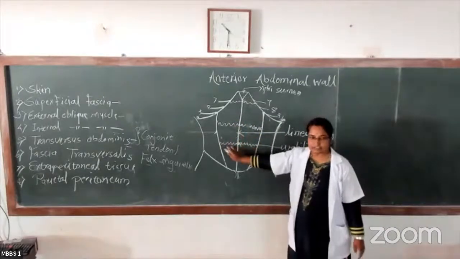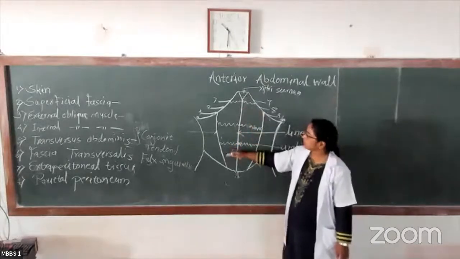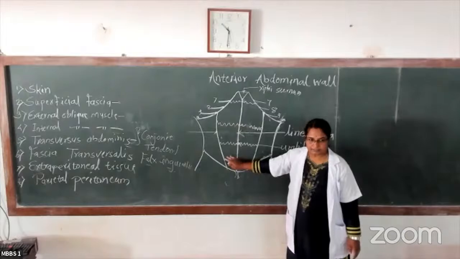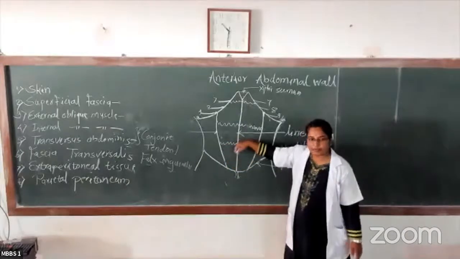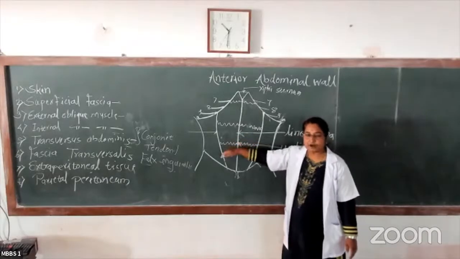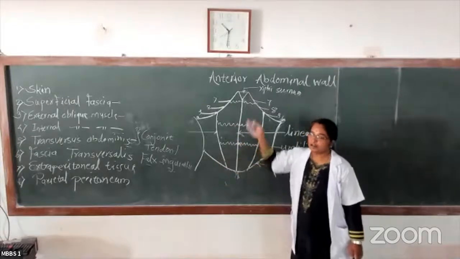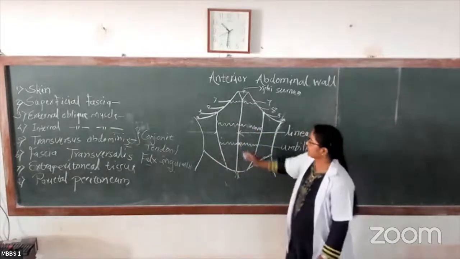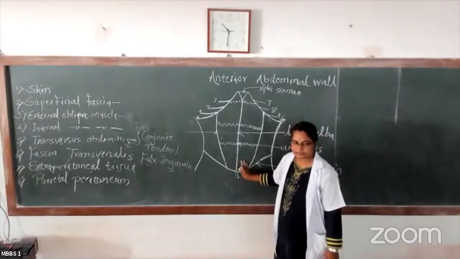This aponeurosis runs forward and medially, fuses with each other and also with the aponeurosis of the opposite side, and thus forms one tendinous sheath which covers 2 vertical muscles, the rectus abdominis and pyramidalis.